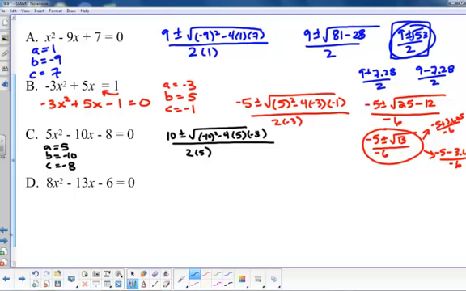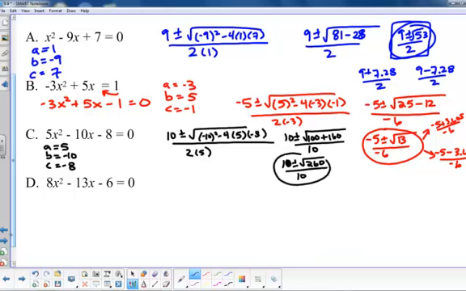So 10 plus or minus square root of 100 plus 4 times 5 is 20. 20 times 8 is 160, divided by 10. So that's 10 plus or minus square root of 260 divided by 10. So the square root of 260 is 16.12.